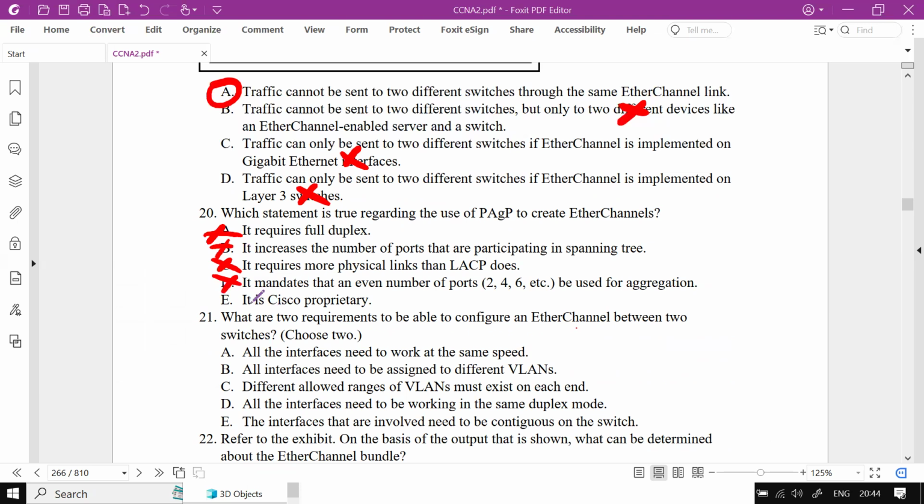We can aggregate 3 ports, which is an odd number. I knew the answer, but I wanted to eliminate. PAgP is a Cisco proprietary protocol. Then LACP, multiple vendors, including Cisco itself, can make use of that.